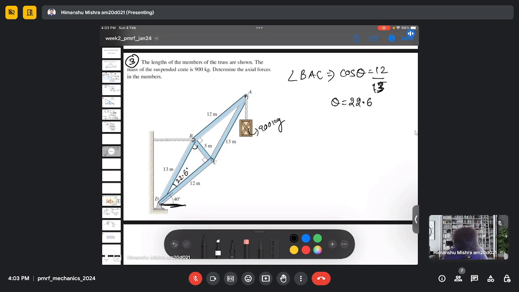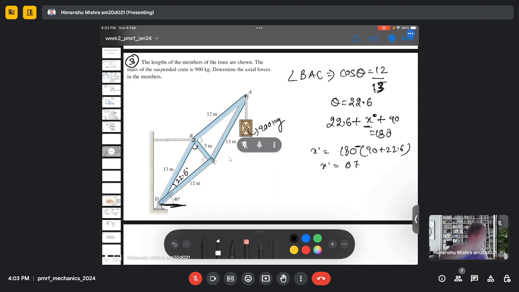And then this angle will be, let's say x degree: 22.6 plus x plus 90 equal to 180. So x will be around 67.4.